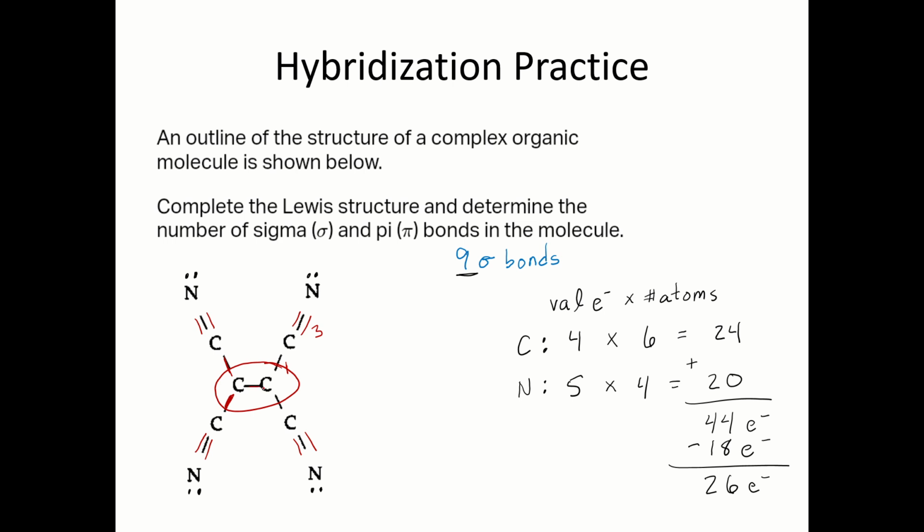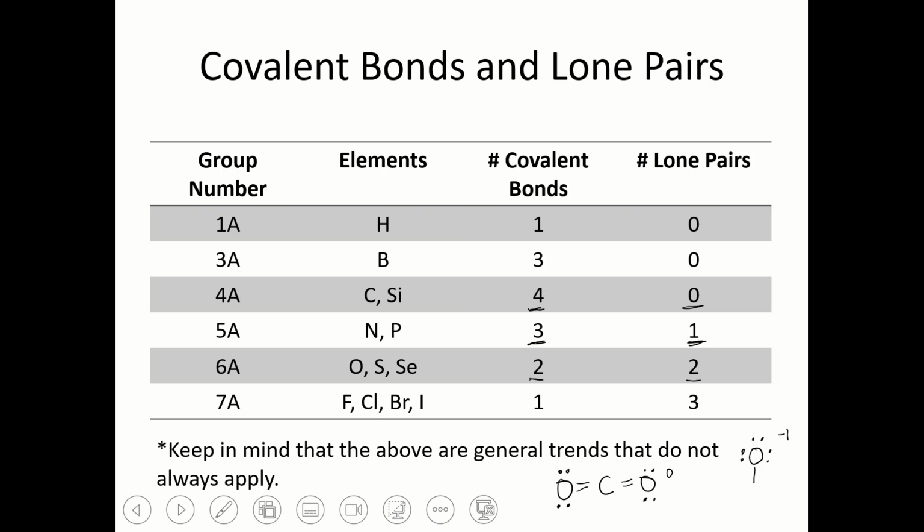We've got 1, 2, 3 bonds to that carbon. If we want to make sure that each carbon has 4 in the center, and we don't want to affect the carbons on the outside that already have 4, then we're going to add a double bond in that center. Notice how I'm always working from the outside in, making sure that they match the rules.